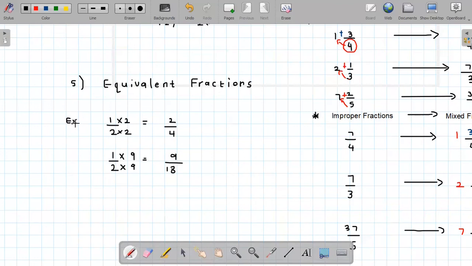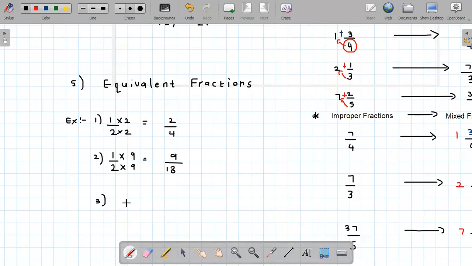So this is example number 1, example number 2, then example number 3. Here in these two, I did a multiplication. Earlier I told you we can find equivalent fractions either by multiplying or dividing.